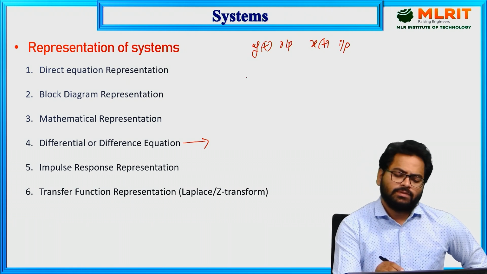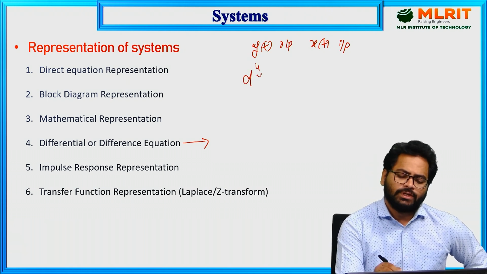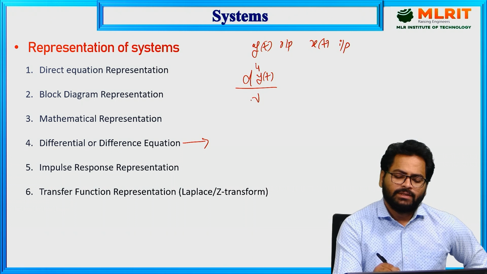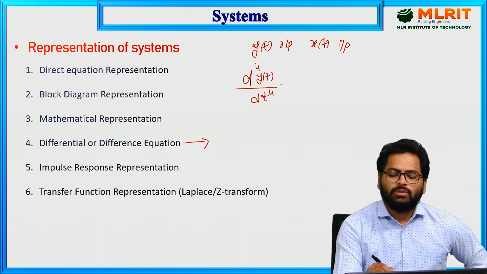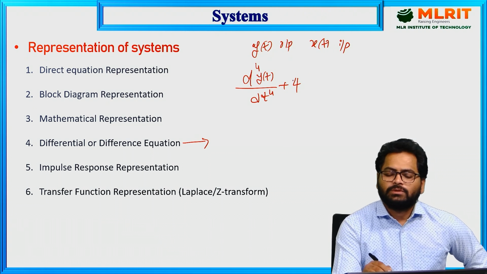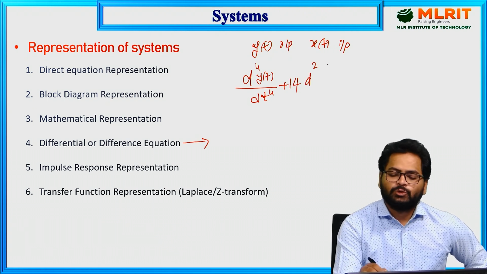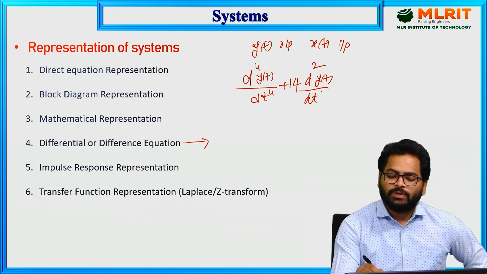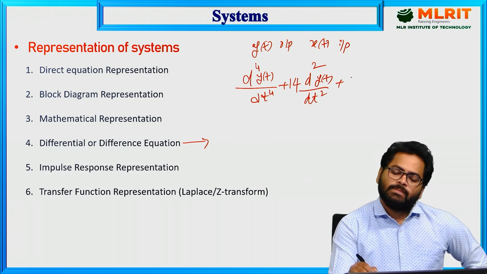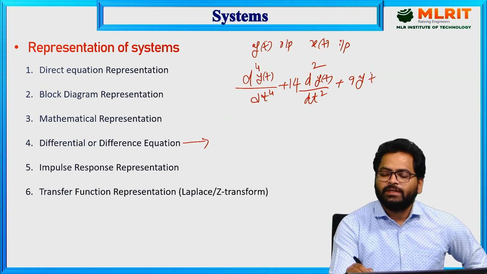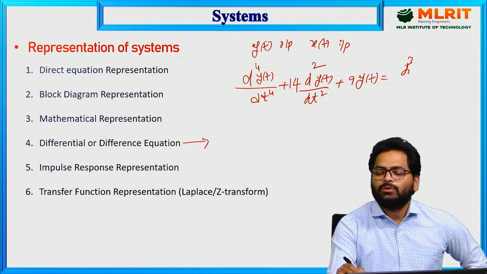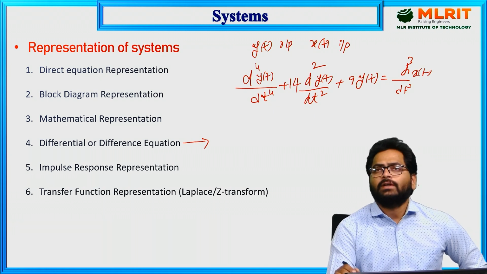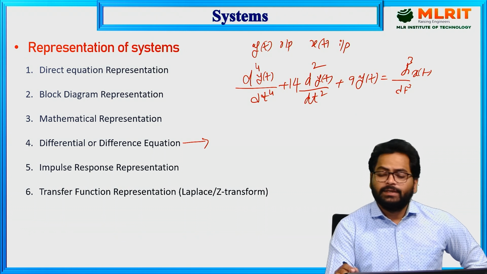I can write it as d power 4 Y of t divided by dt power 4 plus 14 into d power 2 Y of t divided by dt power 2 plus 9 into Y of t, which is equal to d cube by dt cube of X of t. This is a way of representing the signal in a differential equation.